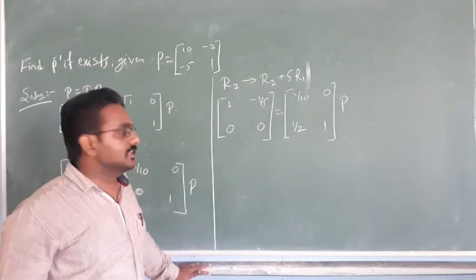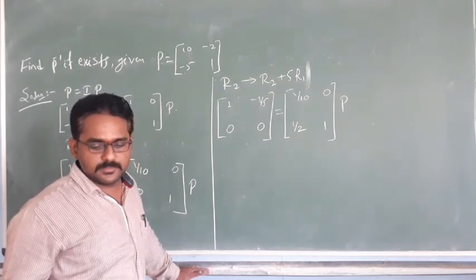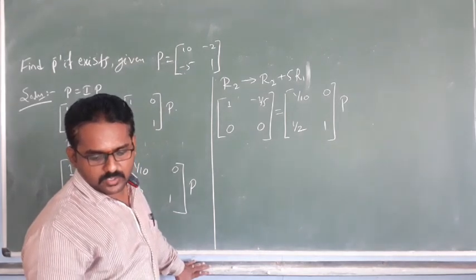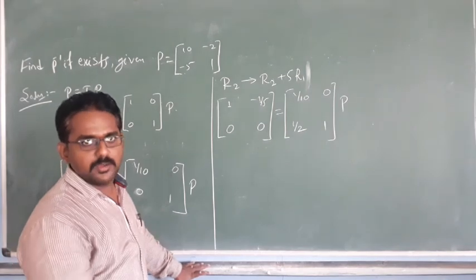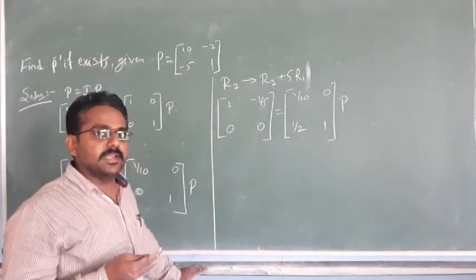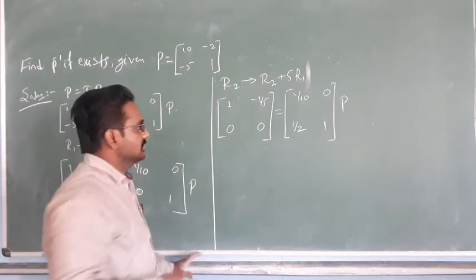So already I said, while performing the row operation or a column operation, if you obtain all zeros in one or more rows or in any column, then you have to conclude that the inverse of the given matrix does not exist. Okay?